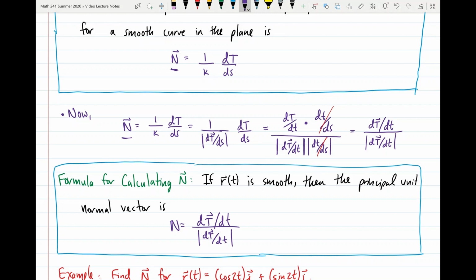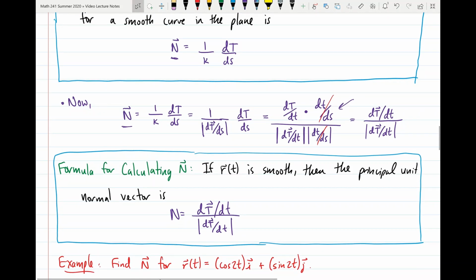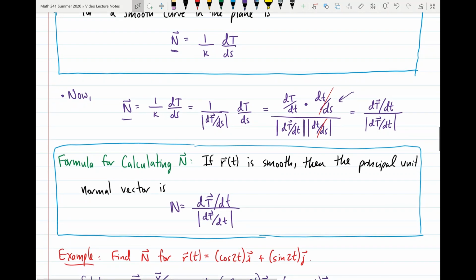Again, by definition, N is equal to 1 over kappa times the derivative of the unit tangent vector with respect to s. We can do a little bit more manipulation using chain rule, again, as usual, and then eventually canceling the dt/ds with one another on the top and bottom of the fraction here, and finding that N is the same as the derivative of the unit tangent vector with respect to t divided by the magnitude of the derivative of the unit tangent vector with respect to t.